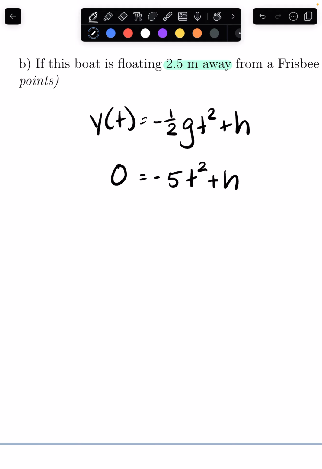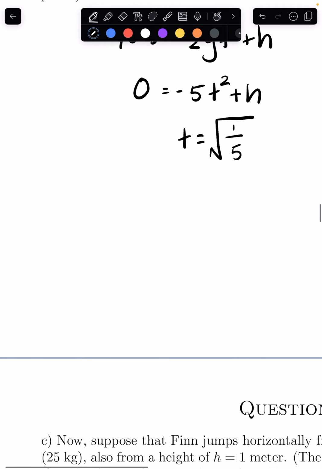Our h is equal to 1, so we get t is equal to the square root of, when we move this over, the negatives cancel, so we get 1/5. You can just pop that into your calculator.